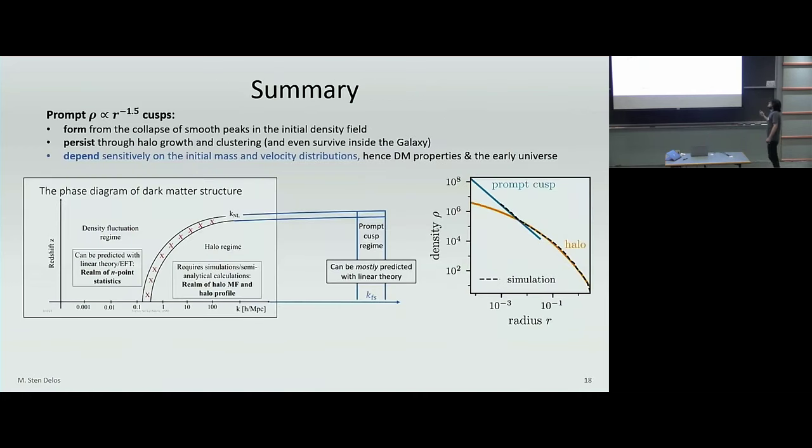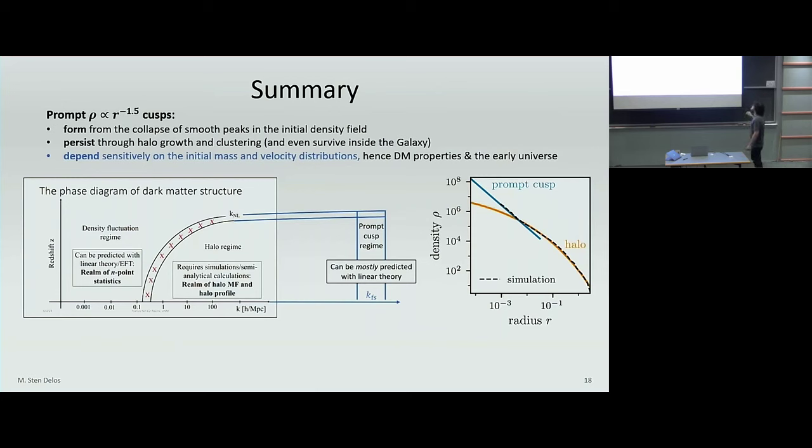Okay, so my summary. Prompt cusps are the minus 1.5 density cusps that form from the collapse of smooth peaks in the initial density field. They persist through halo growth and clustering. They even survive at our own position within the galaxy. And their properties depend sensitively on the initial mass and velocity distributions of the dark matter, and thus on dark matter properties and the early universe.